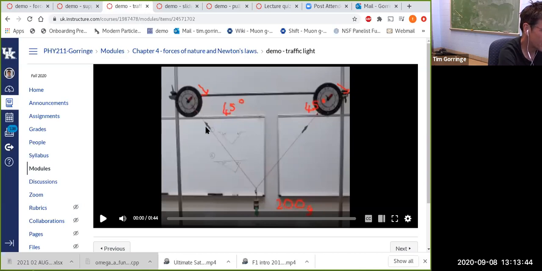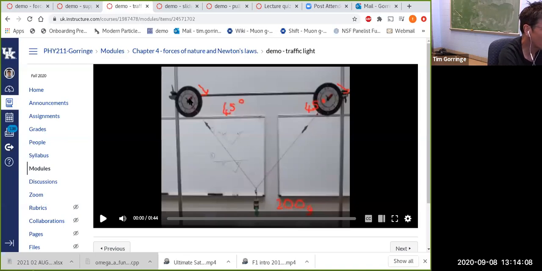So this cable on the left is at 45 degrees. This one on the right is at 45 degrees to the horizontal. So this is not actually the situation that we've got in the problem. And then we're going to change this arrangement and turn it into the situation we have in the problem, where we have one angle of 37 degrees and one angle of 53 degrees.